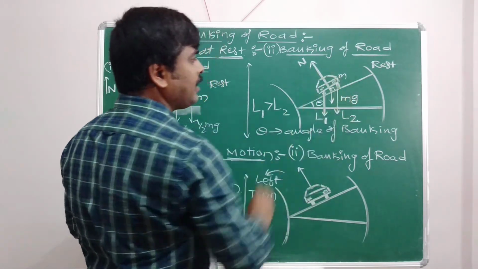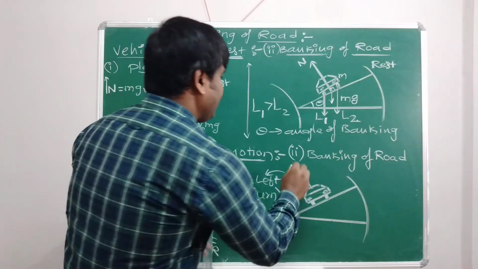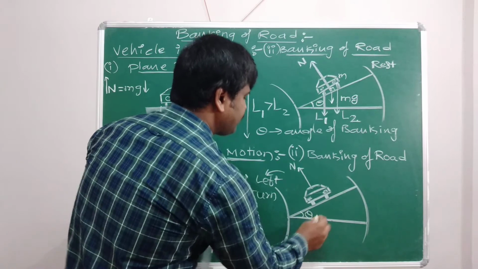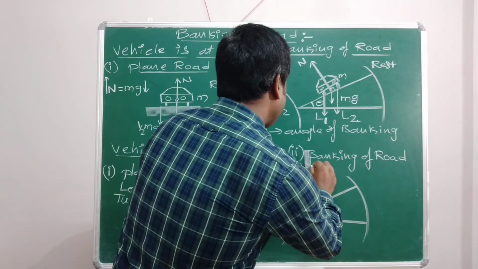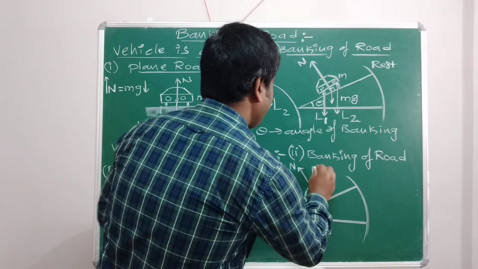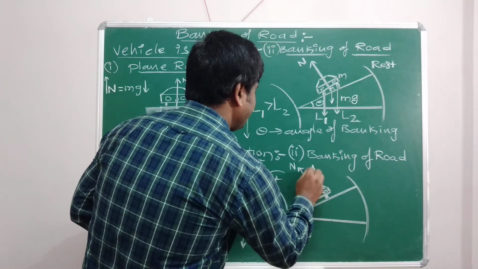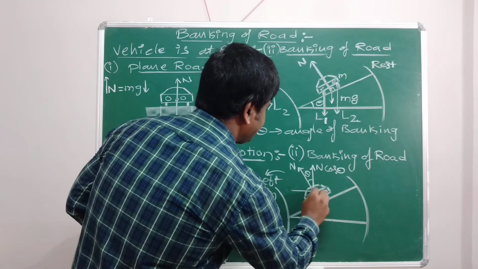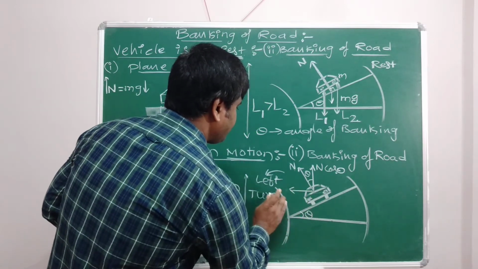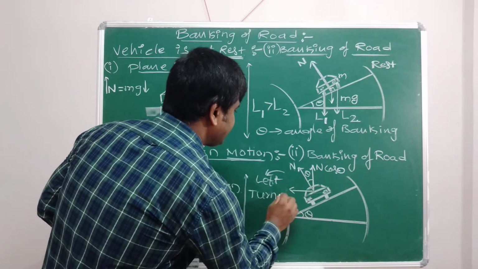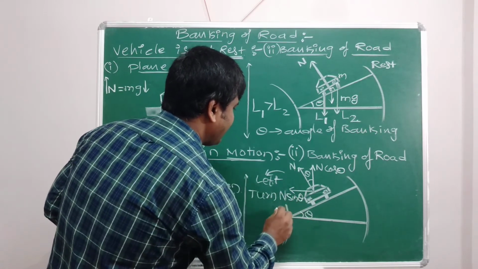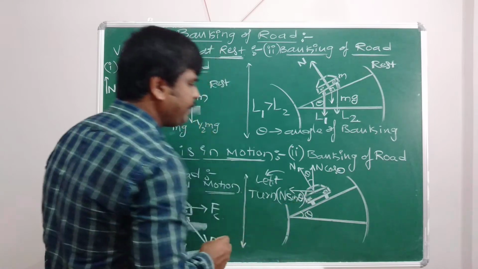Normal reaction is resolved into two components. Taking the angle theta, this is N cos theta and this is N sin theta.